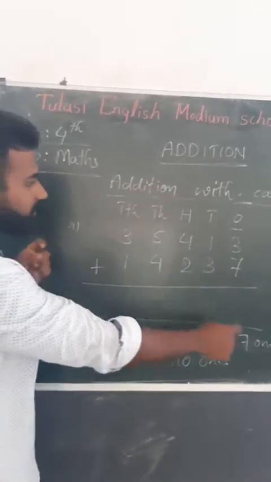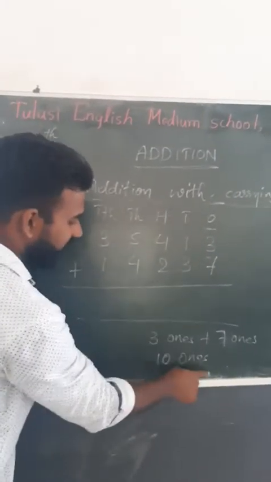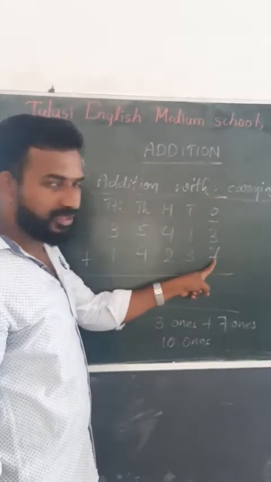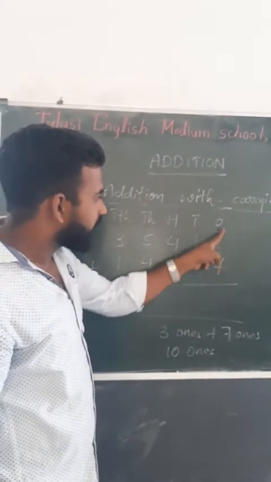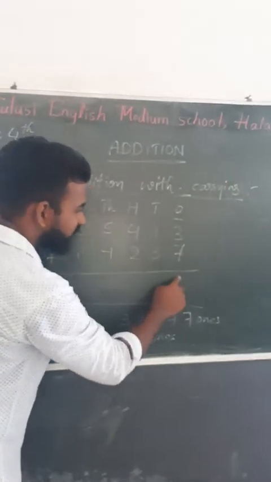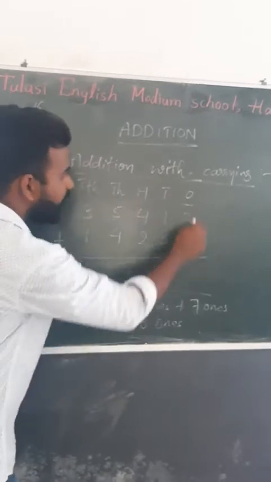So 3 ones plus 7 ones, 10 ones. 10 ones is equal to 1 ten.